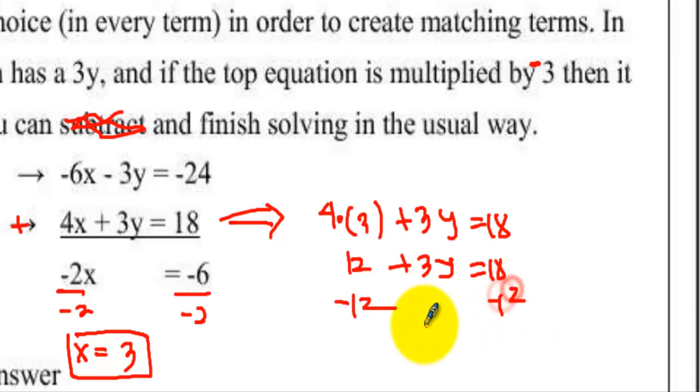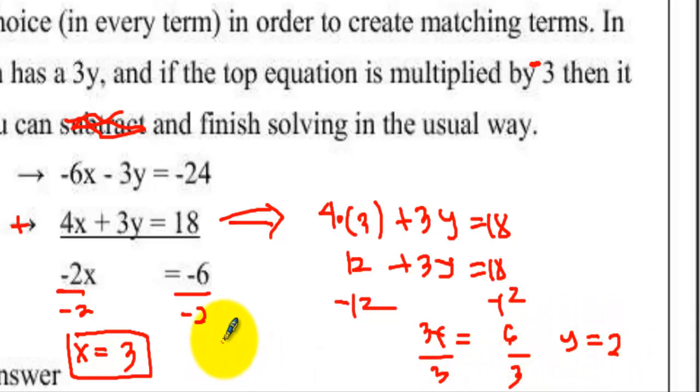Subtract 12, we'll get 3y equals 6. So divide 3 both sides, we'll get y equals 2. So our solution will be (3, 2). So in this case, the system has a point of intersection, and that intersection is (3, 2). So we have one solution.